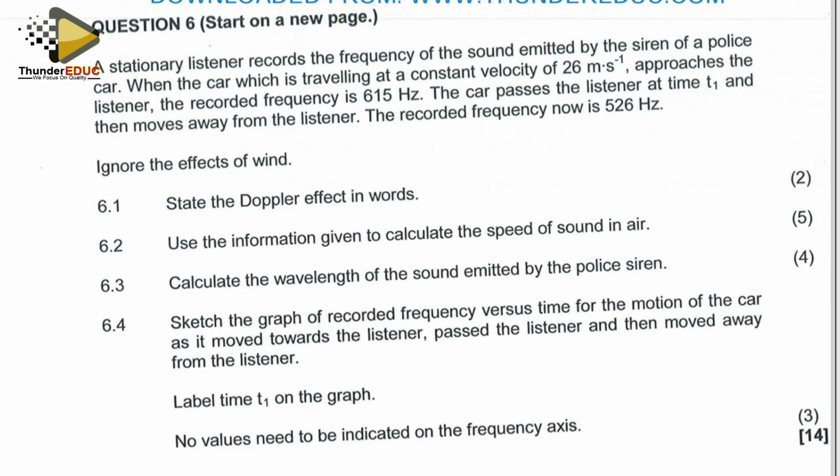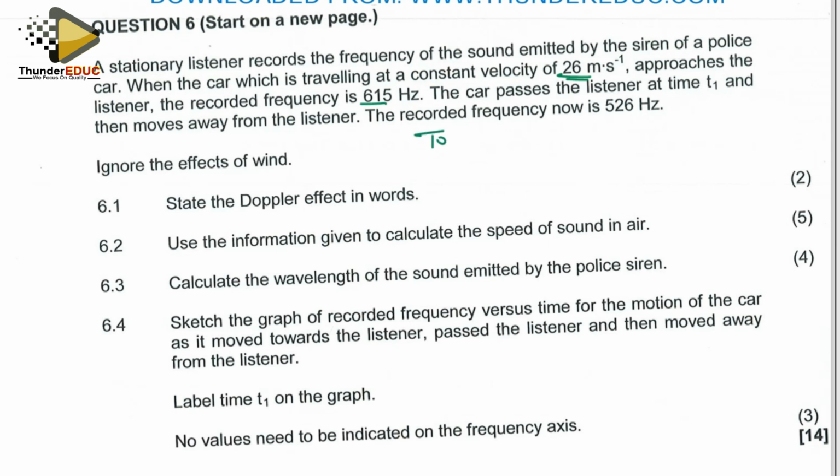Question number 6. They're telling us we have a stationary listener that records the frequency of sound emitted by a siren of a police car when the car is traveling at a constant velocity and approaches the listener. This is what was recorded.